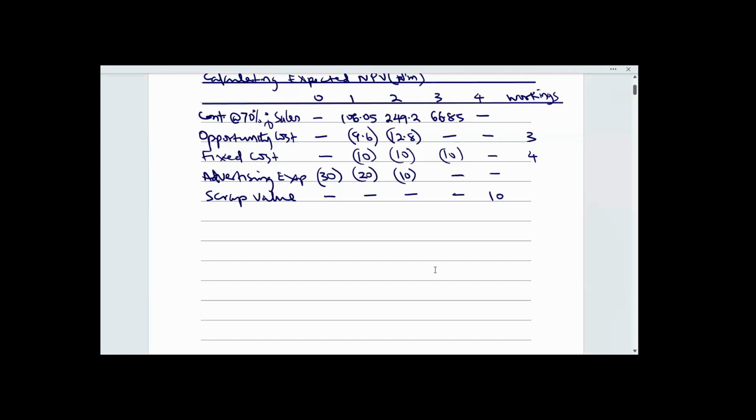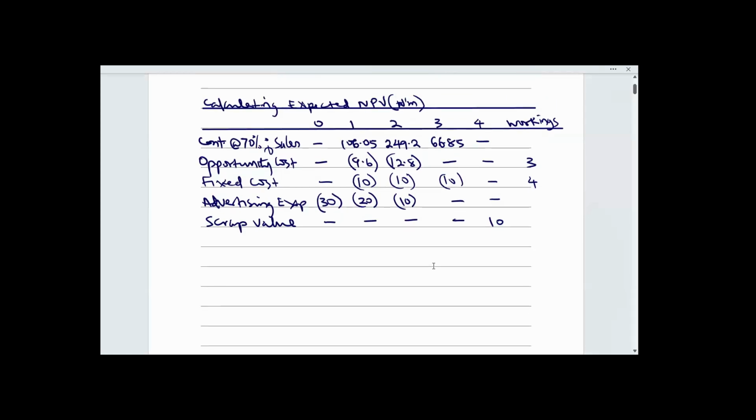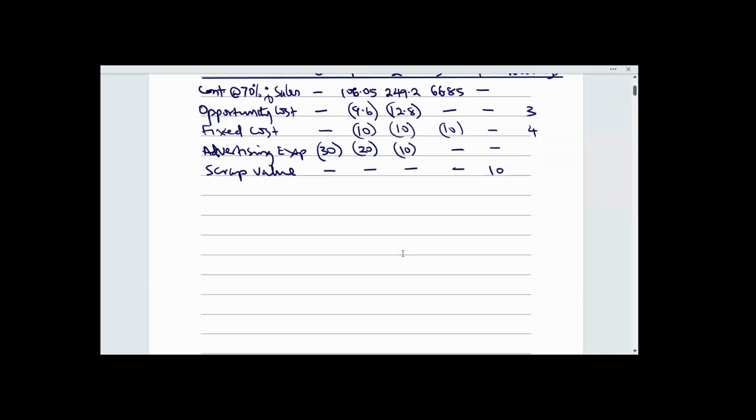All right. So again, like I said, this question does not involve taxation, and that's why we are treating it this way. Otherwise, we would have stopped at advertising expenses. We get the profit, we apply tax, we consider tax saved on capital allowance, then we consider scrap value, all those things you normally do when you are calculating your NPV.